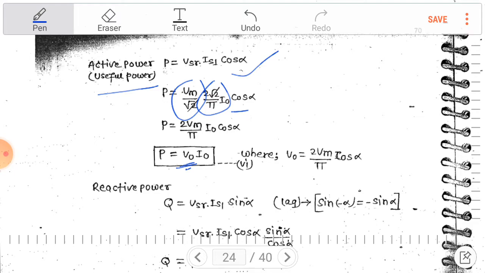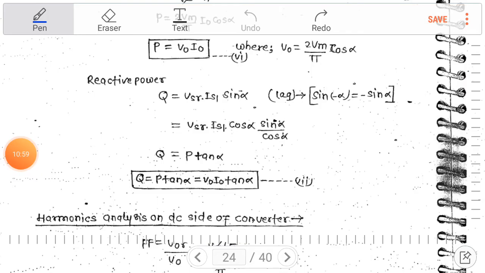So P input, the active useful power, is equal to the active output power. P output is V naught I naught. Fundamental or useful reactive power at the source side is VSR IS1 sin alpha, and by multiplying and dividing by cos alpha we get Q equal to P into tan alpha, where P is V naught I naught.